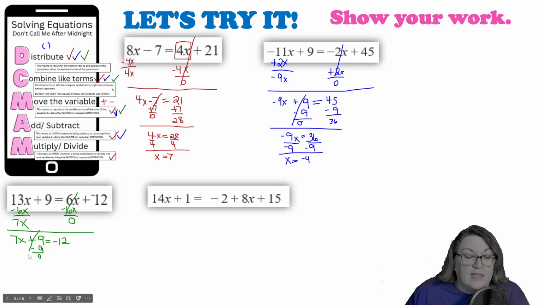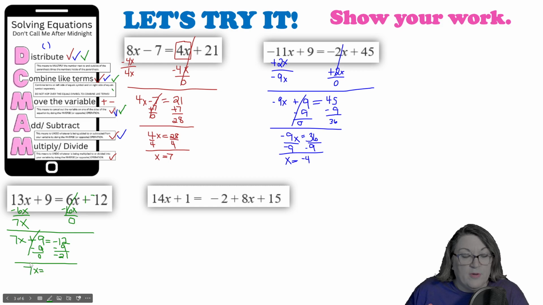And that's going to cancel out. And then I'm also going to subtract the 9 over here. And that's going to give me a negative 21. Negative 12 minus 9. And then rewrite the equation, leaving out the stuff you canceled out.